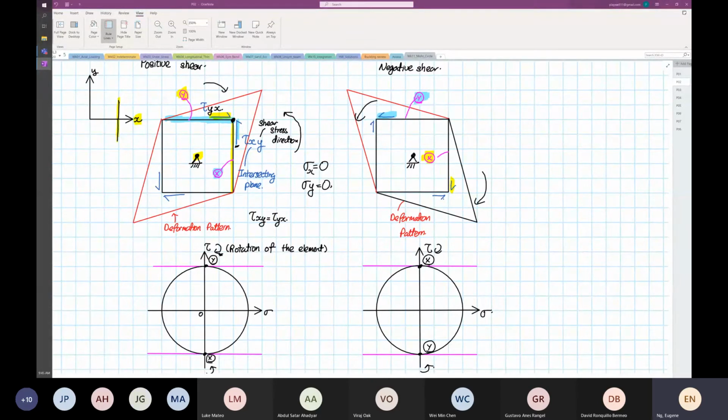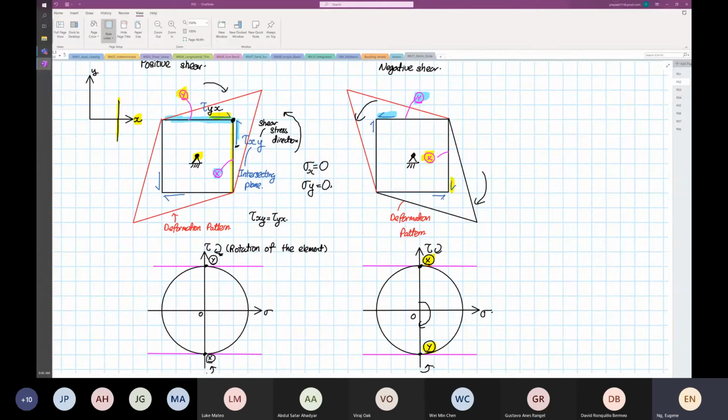Another thing I want you to observe is this. I want you to observe point X to point Y. So let's look at the negative shear. From point X to point Y, if we were to rotate from the center of our circle O, point X to point Y is how many degrees down here? Can anyone tell me how many degrees is that rotation from the center of the circle?